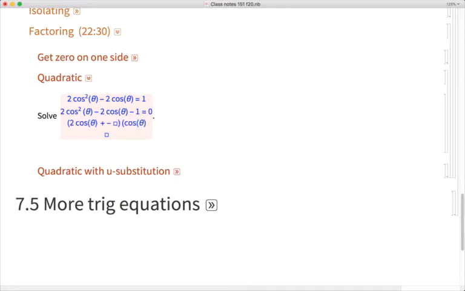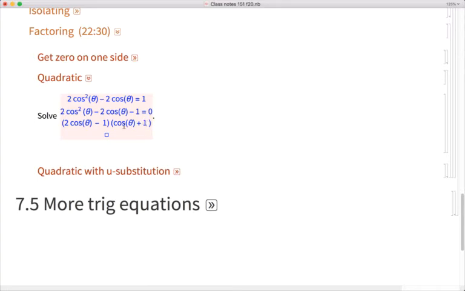And again, we have to figure out what goes into these little boxes here. The boxes have to multiply together to produce minus 1. So let me try a minus 1 here and a plus 1 here, and see if that works.